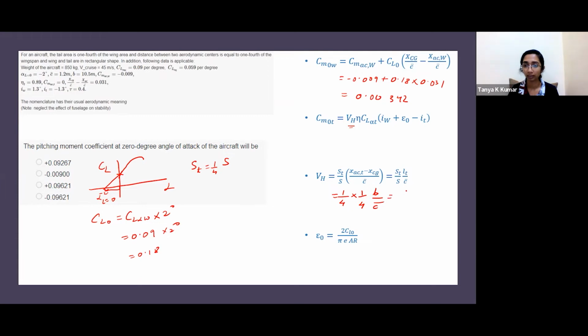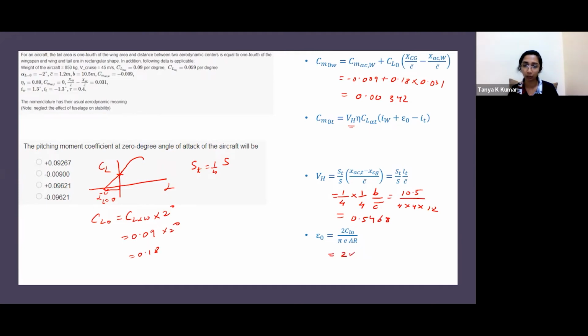B is 10.5, so 10.5 by 4 into 4 into C bar, which is 1.2. How much is VH? 0.5468.